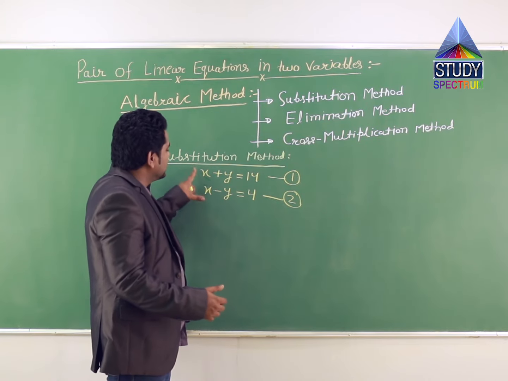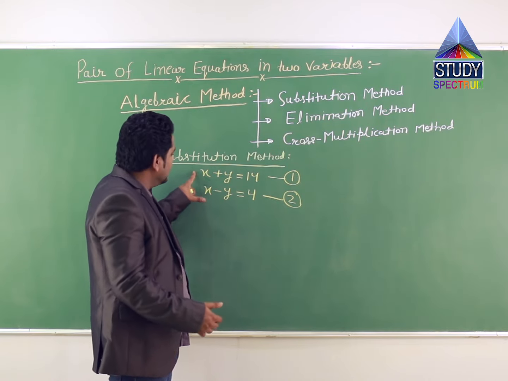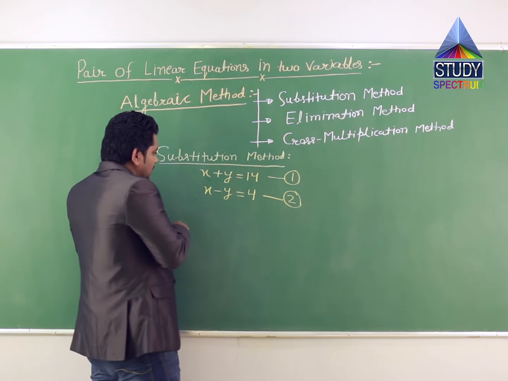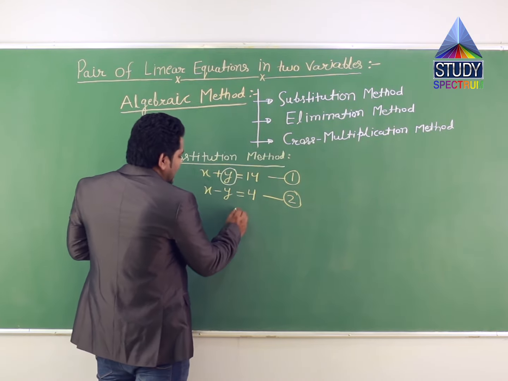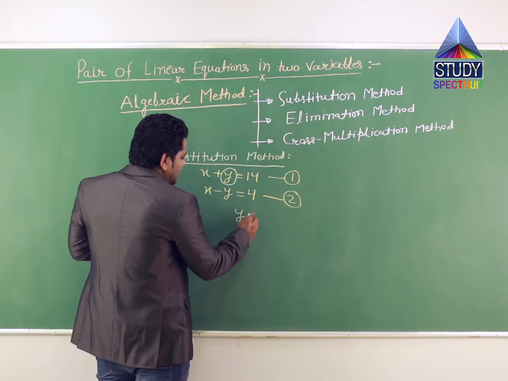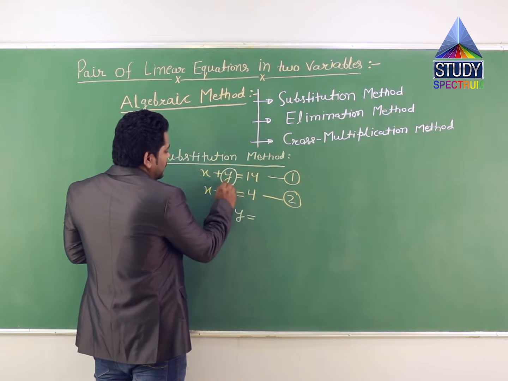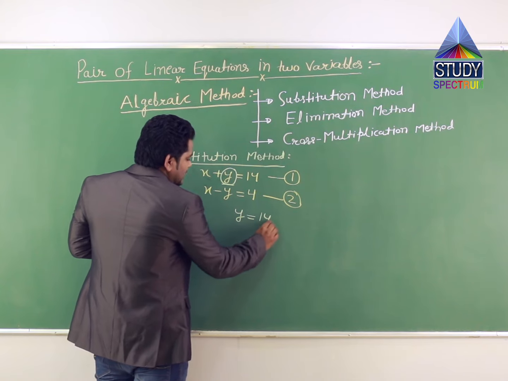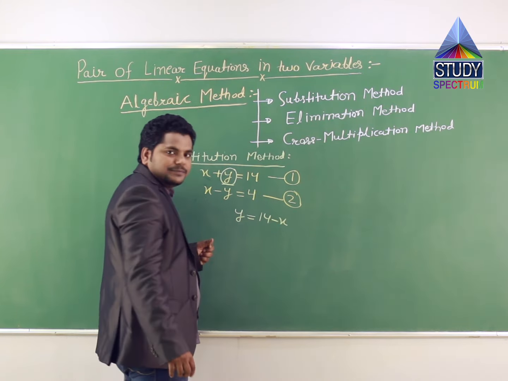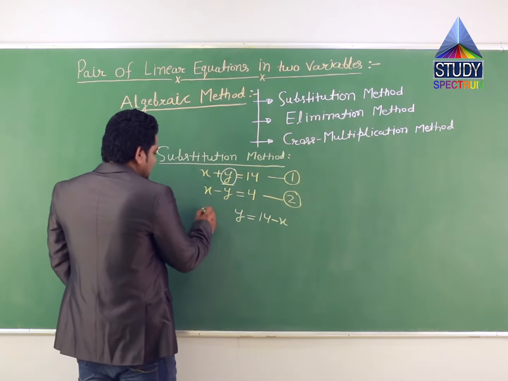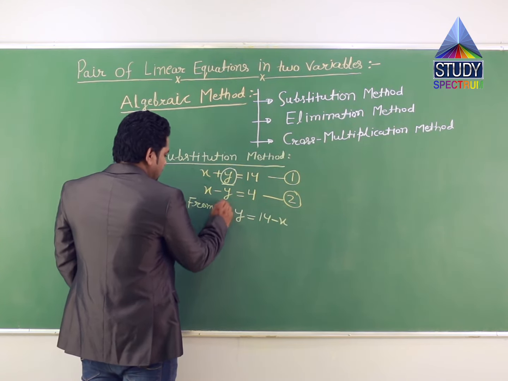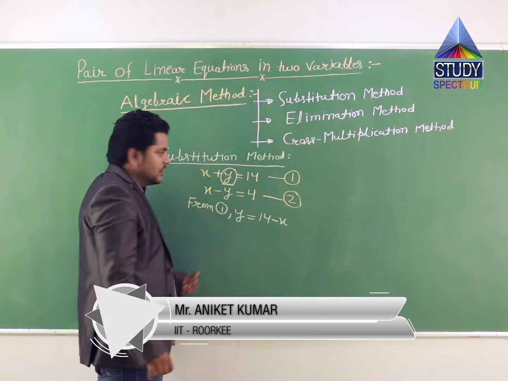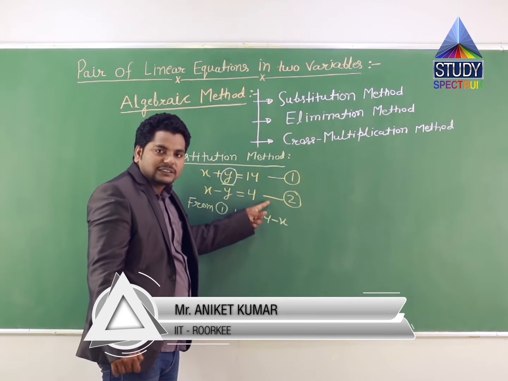After choosing any equation, we'll choose a variable and we'll express that variable in terms of the other variable. Suppose you have chosen equation 1, and you have chosen y. So y from equation 1 we can write y equal to 14 minus x. In this there are two equations, 1 and 2.